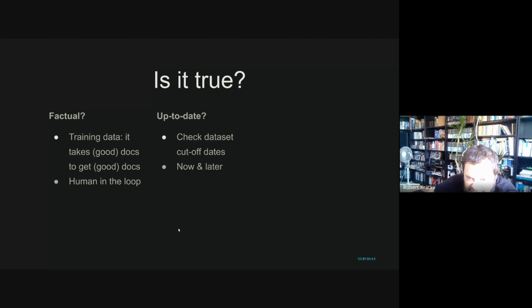Another consideration outside of the cutoff dates is also that, of course, if it produces some information, that information, like any documentation, at some point is going to grow obsolete. Now, if a human is looking at a piece of documentation, they've got a much easier job of determining what needs to be updated in the documentation. Because as I mentioned, the language models don't really understand information. They're just looking at content as a whole bunch of data points.